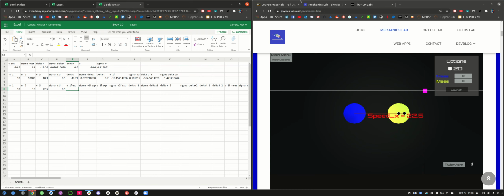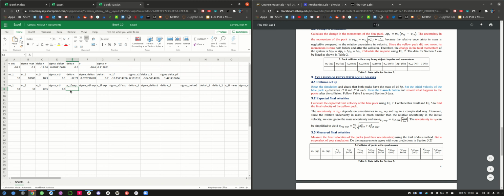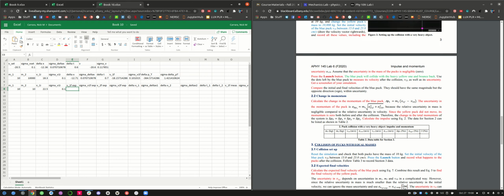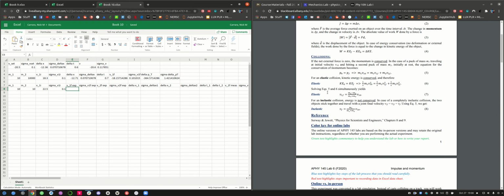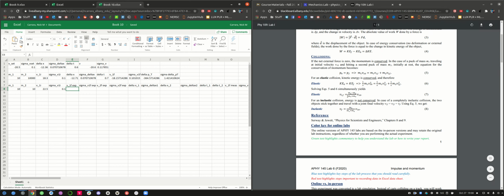And if we look here, what I expect for the elastic collision is that the final velocity of the first puck should be given by this equation.